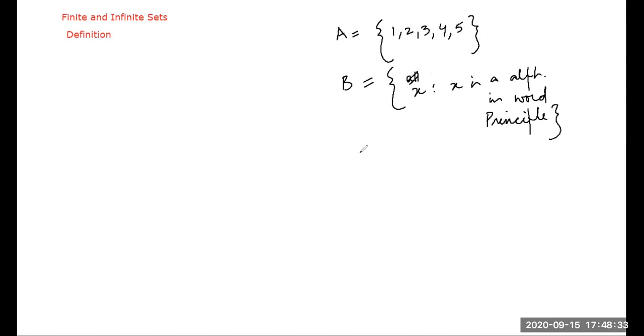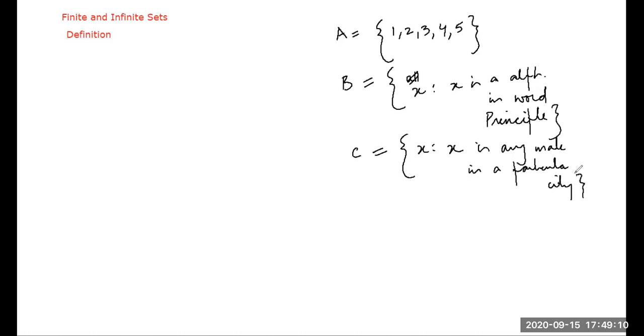So you can talk about another set C. Maybe C is the set of all x such that x is any male in a particular city.